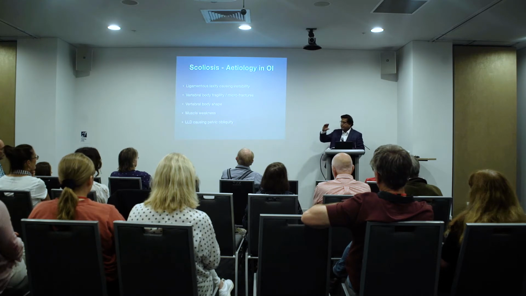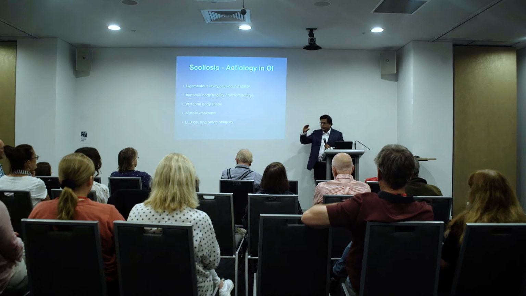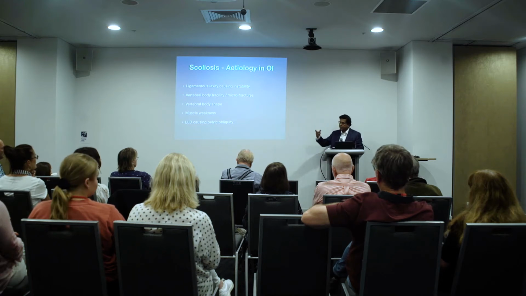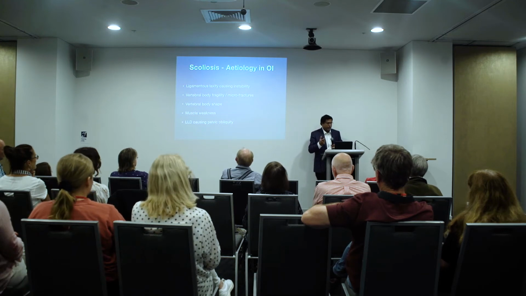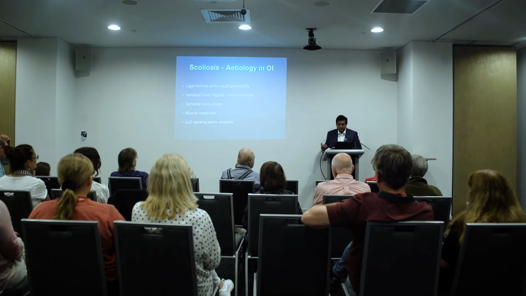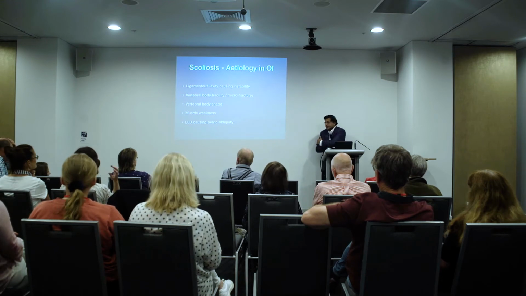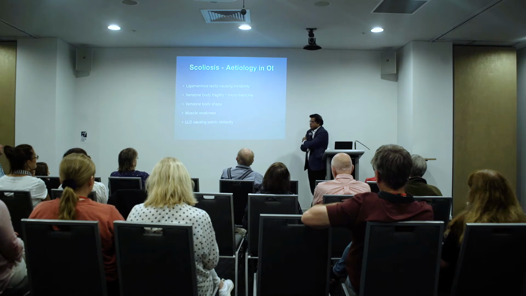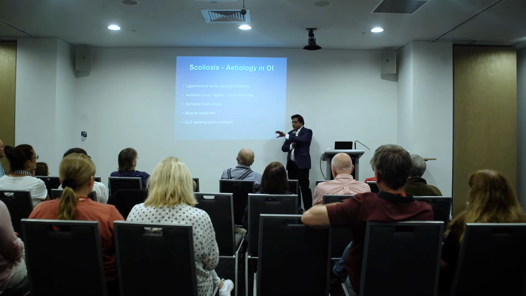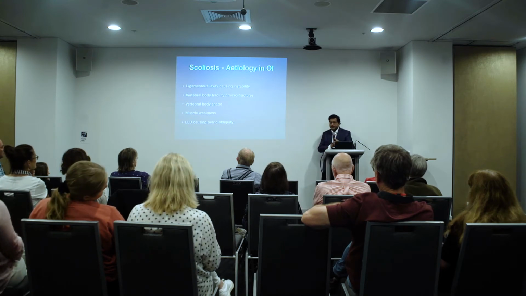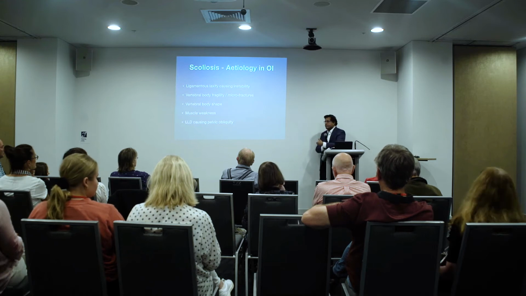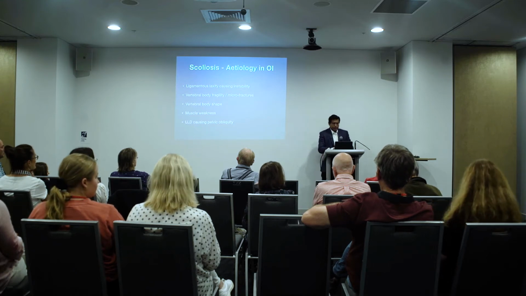The rectangular vertebrae become a trapezoidal shape, and that continues because the forces across the vertebrae change, and you get more microfractures. So the vertebral body shape is a big thing in OI scoliosis. Of course, there's some degree of muscle weakness, and sometimes there can be leg length discrepancies due to long bone fractures and malunions, which can cause a pelvic tilt, and that can give rise to a scoliosis. So it's multifactorial.